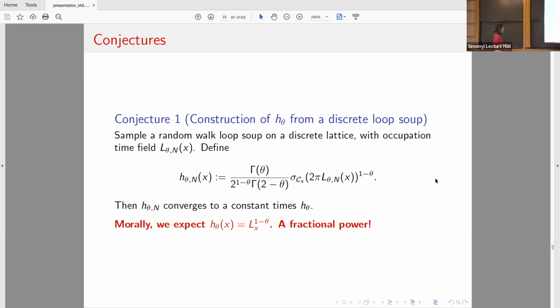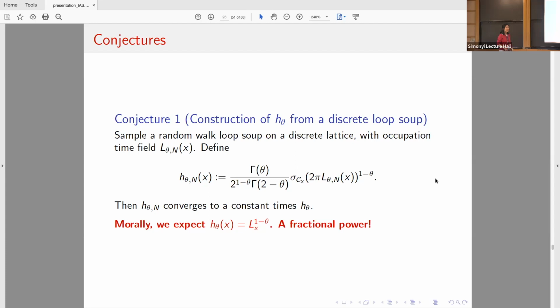Then we define a field where we take the occupation time field and raise it to the power 1 minus theta. We also give i.i.d. signs to different clusters of this random walk loop soup. In front, we have some complicated renormalizing constant, but this is not important. So this is the intuition behind the field that we construct.